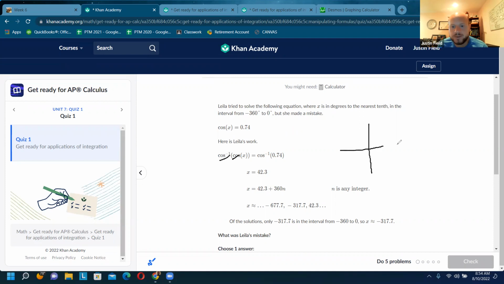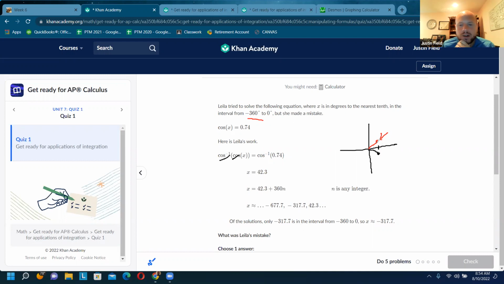If we draw a picture, we know that the cosine is the x value. A positive x value of 0.74 would be over here. And she's saying negative 317, so somewhere right there. But it's also true that if we rotate up here, in this interval, and this interval is a full circle, there's another option.